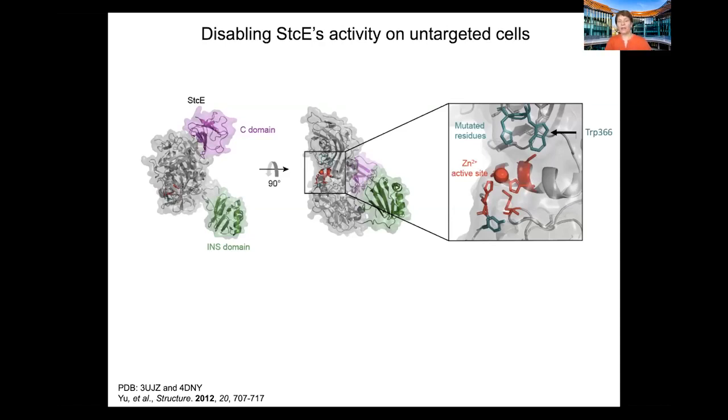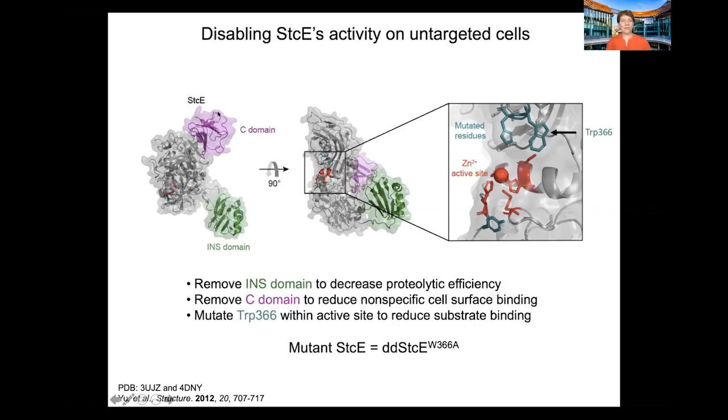So to do this, we did a protein engineering project where we successively lopped various domains off of sticky and also made a mutation in the active site to arrive at a mutant that we call ddStcE W366A. And it's basically a compromised version of the mucinase that is inactive on cells unless you park it right on the surface of the cell whose mucins you want to cut.